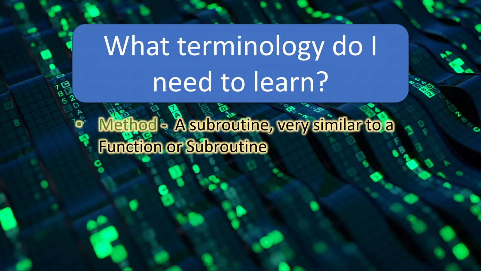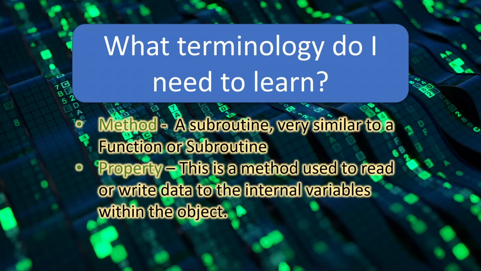Method, a subroutine very similar to a function or subroutine in traditional code. Property. This is a method used to read or write data to the internal variables within the object.